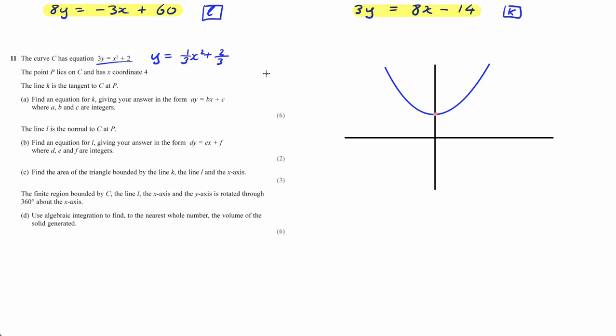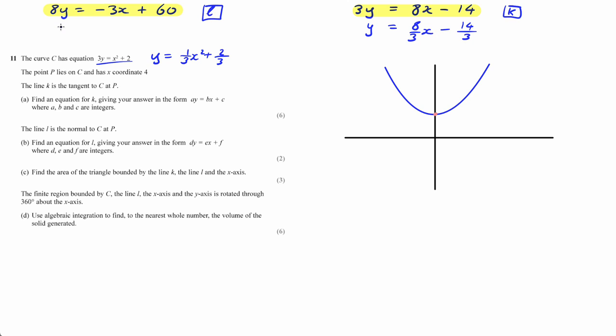Now when x is 4, we have this point where this is the tangent. So this is the tangent meeting here. If it makes you feel better, guys, we could rearrange this to 8 over 3 x minus 14 over 3.